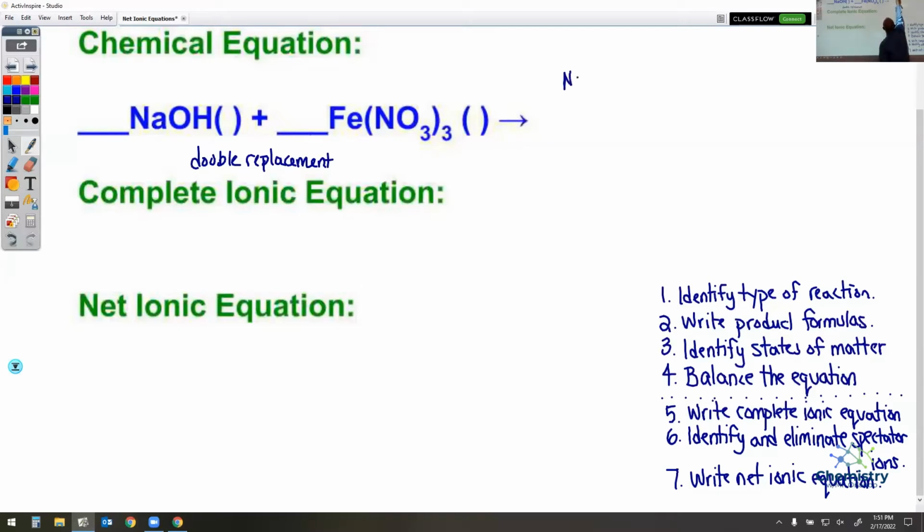Sodium is a +1, nitrate is a -1 ion, so the combination will be sodium nitrate, +1, -1. Our second product will be the combination of iron 3+, which we start off with over here, and hydroxide ion. This will form iron 3 hydroxide.